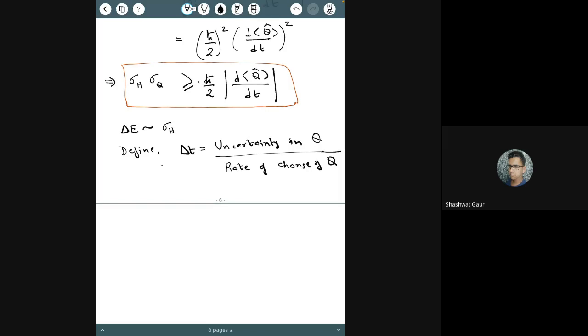If it is a non-stationary state, it has a finite lifetime. But how do you measure this lifetime? You have to measure some property for various times, and then you can figure out if it's changing or not, or how fast it is changing. Okay.